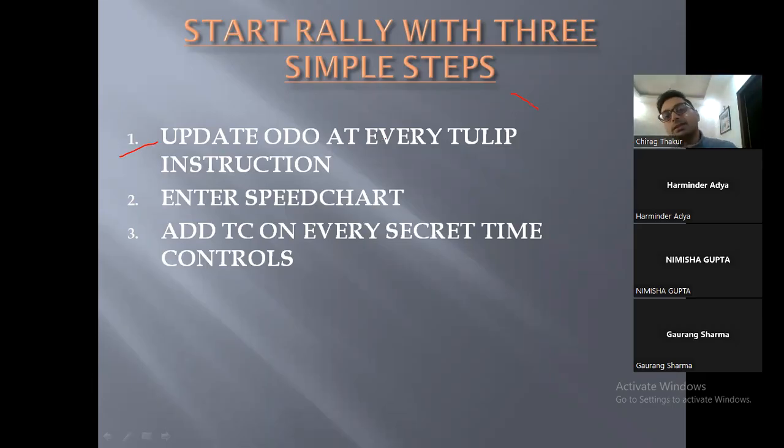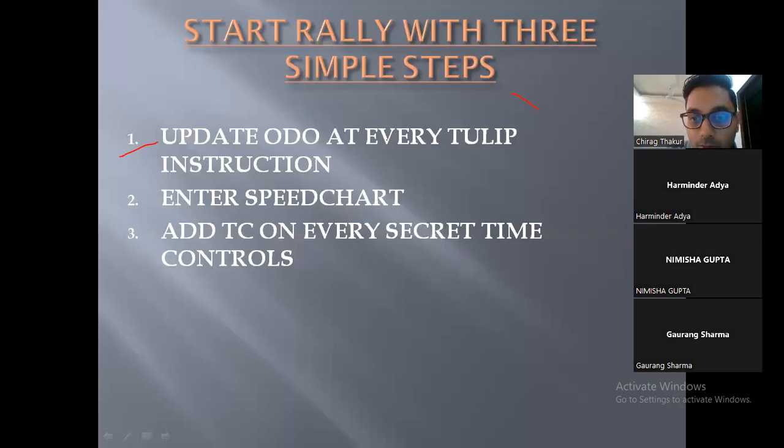There can be an Odo difference depending upon the car and how the driver is moving. If we go slightly 10 meters off track or go wrong, then there will be an error in your Odo. So you have to recorrect your Odo at every tulip.